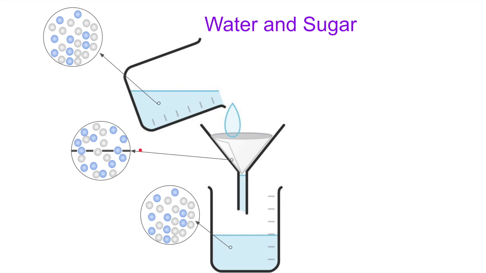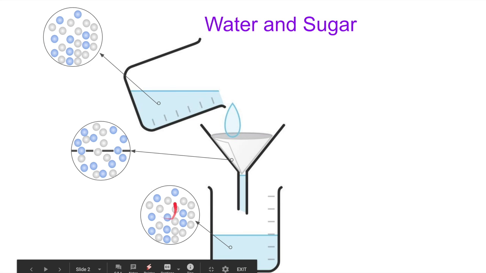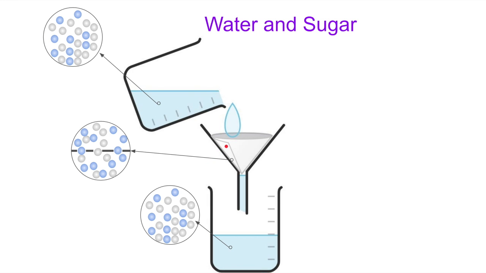And if we look at the paper level, those gaps are now the right size to allow both the sugar particles and the individual water particles to pass through, because the sugar is no longer in a crystal, and those smaller particles have separated away from each other and broken up the larger grains of sugar. So all the particles would go through, and when you got down to the beaker, you would still have the same mixture and nothing would be in the funnel.